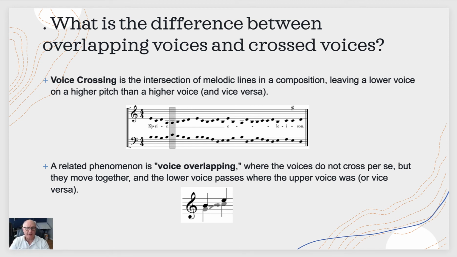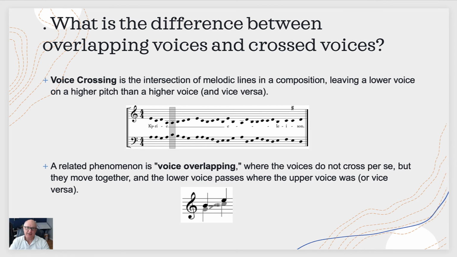Now, overlapping is just a different kind. It's when they're moving in the same direction. So for instance, in this case, the lower note moves higher than the higher note, like alto in this case goes higher than the soprano was. That's voice overlap.